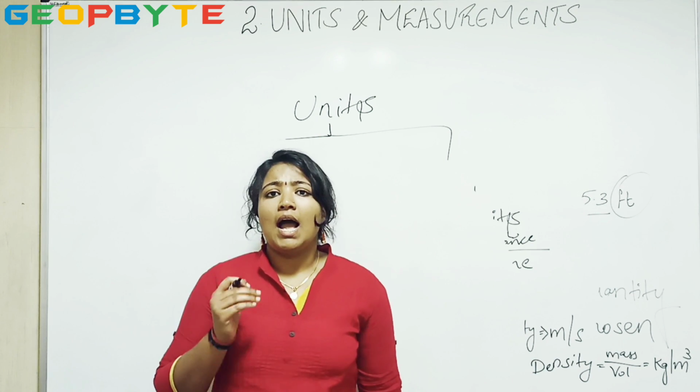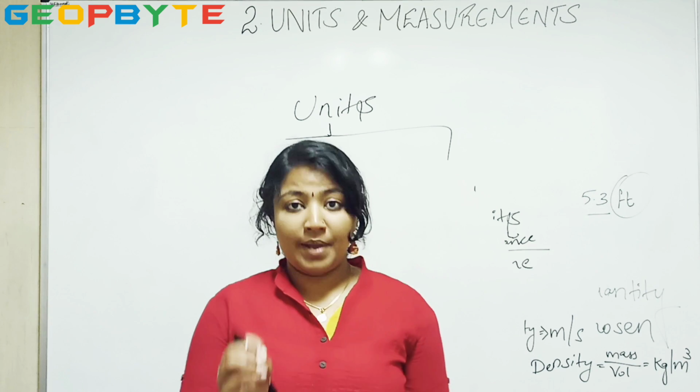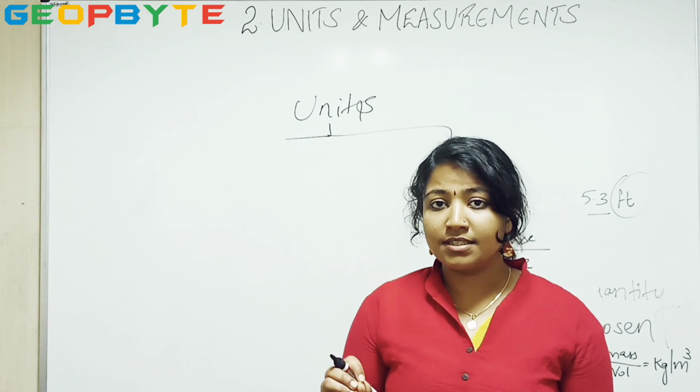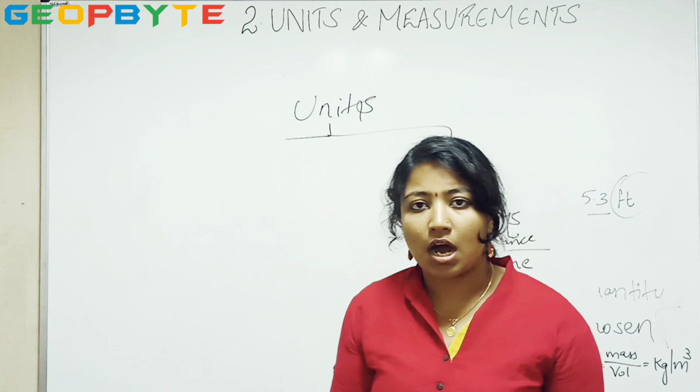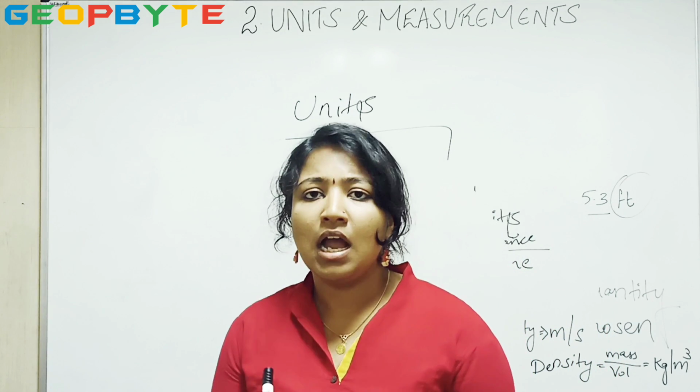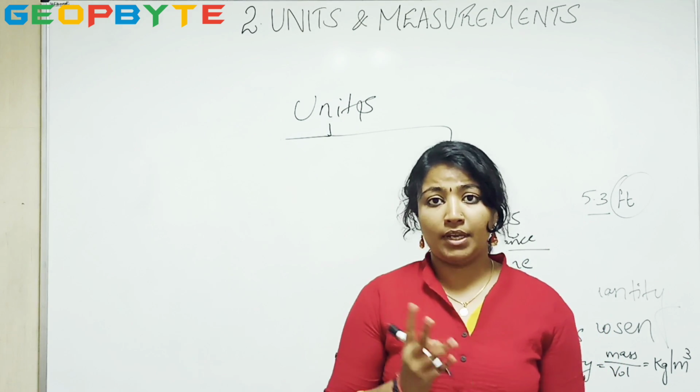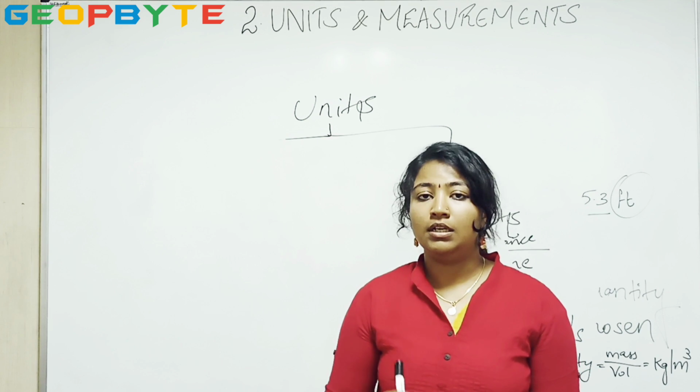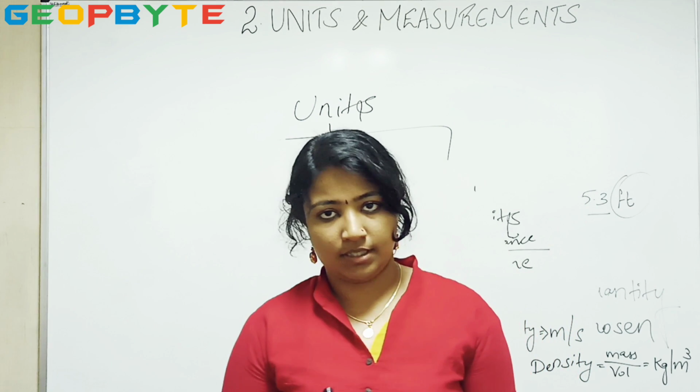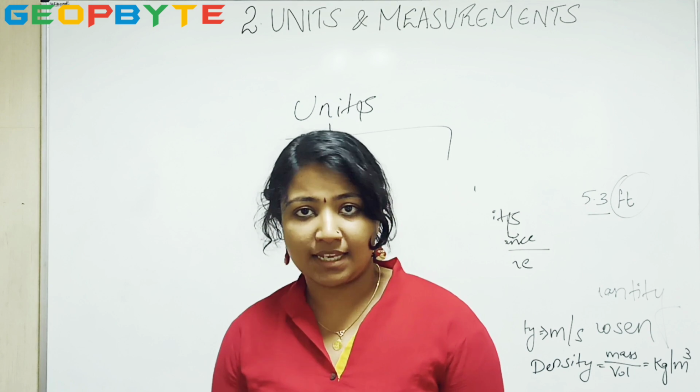Suppose I am asking you to measure the distance of faraway stars or planets. How will you measure? How can you measure? In such cases, we use the parallax method.